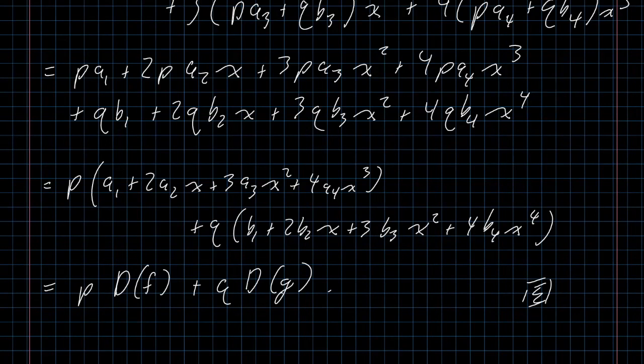And so we end up with that same linear combination after the transformation, which is exactly what it means for a transformation to be linear.